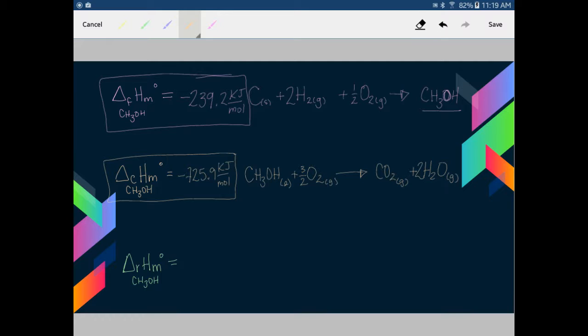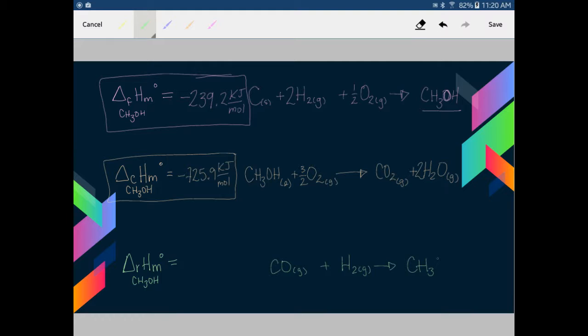Now, if we look at just a general reaction of producing methanol, but in a different method, we can look at the reaction of carbon monoxide and hydrogen gas, giving us a product of methanol.